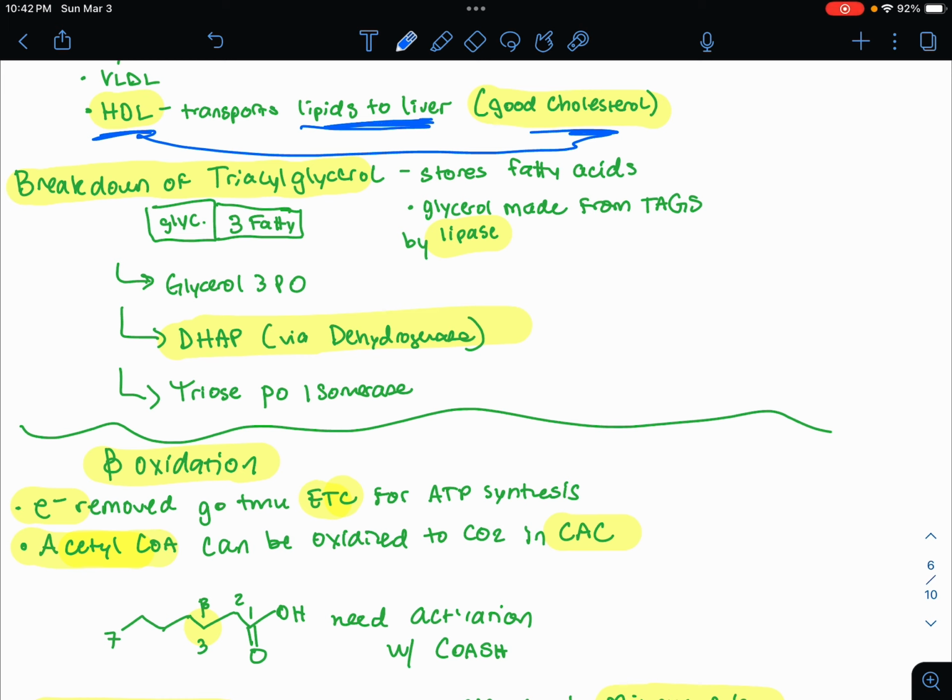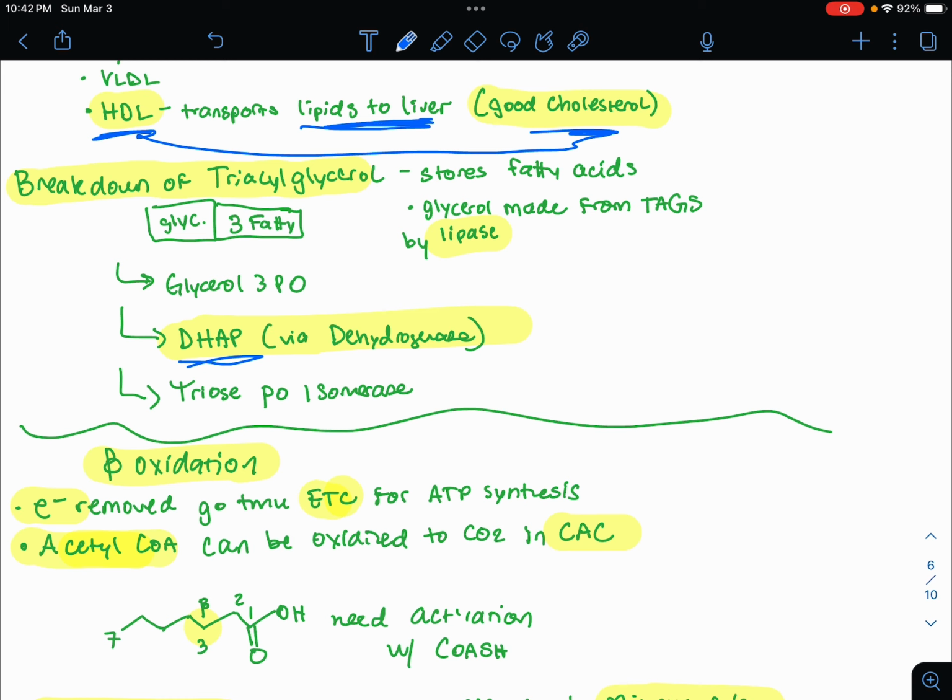They weren't highlighted, but I'm going to pull those up right now. So basically you have this first step. You're going to make glycerol 3-phosphate, and then arrive at DAP. Remember, DAP was a molecule that we found in glycolysis, and you're going to be using a dehydrogenase to get there.